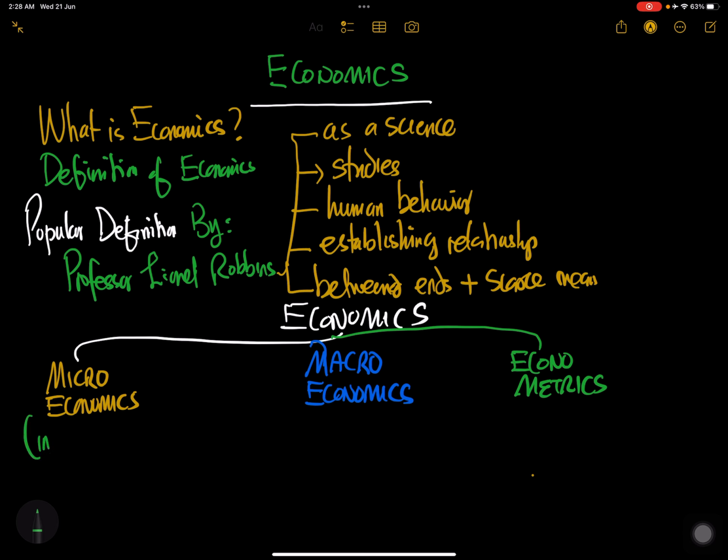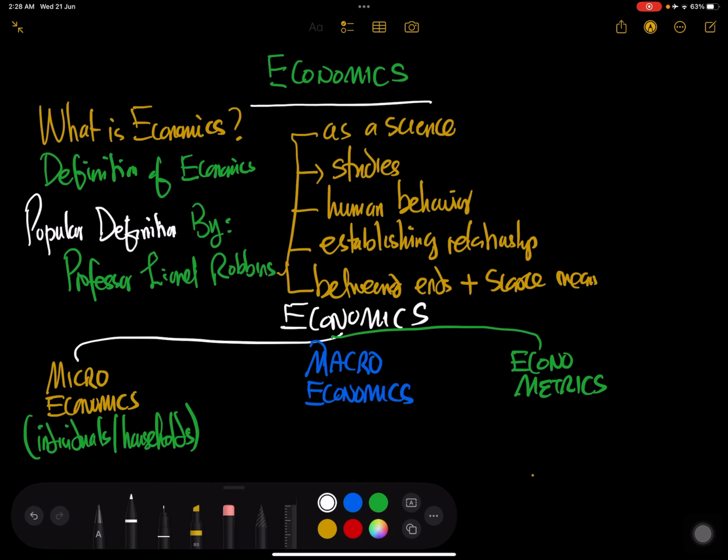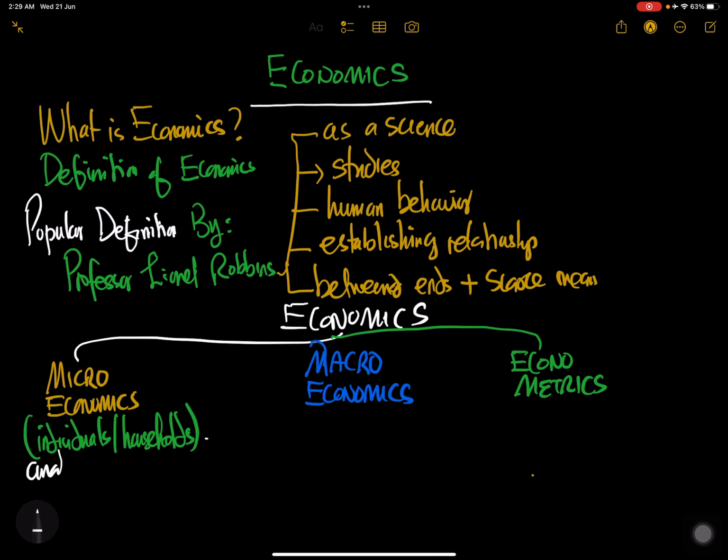So the three branches. Microeconomics deals with individuals and maybe households. What is happening in households, the decisions in households. So we are looking at analyzing decisions in households.